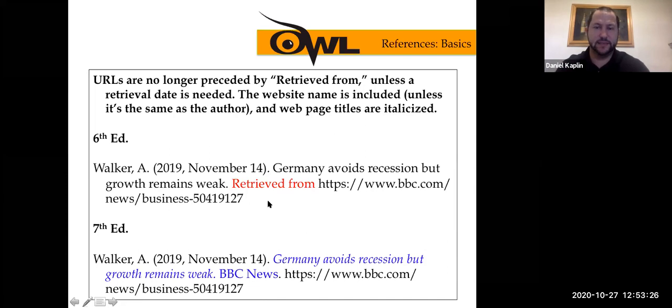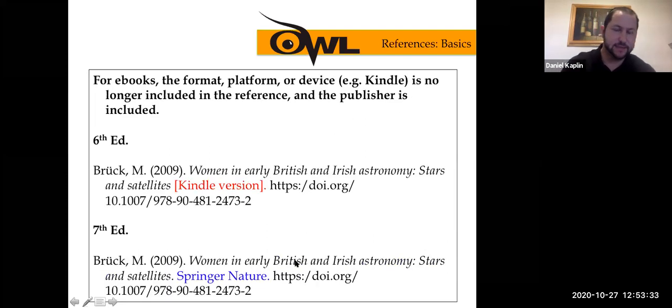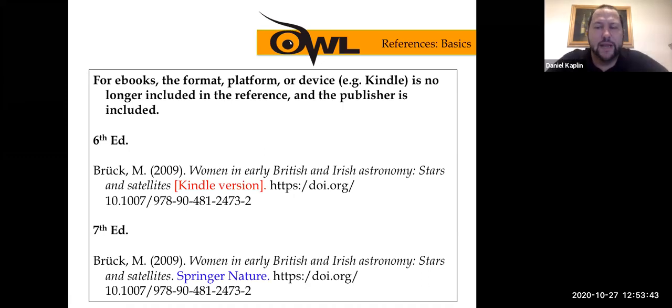So if you look in the 6th edition, Germany avoids recession was not italicized, but in the 7th edition, it is italicized. Now we have issues or versions. You'll notice that we used to specify in brackets the version, whether it was an ebook, a Kindle book, or whatever. It's so common now that we pulled the version out.